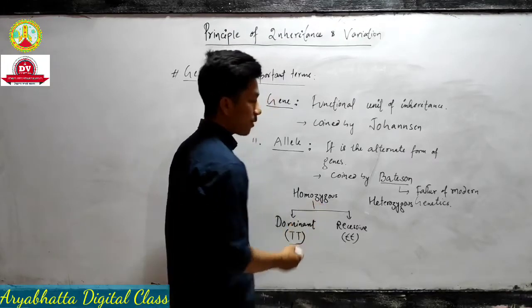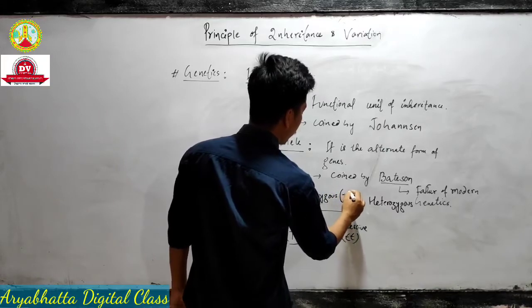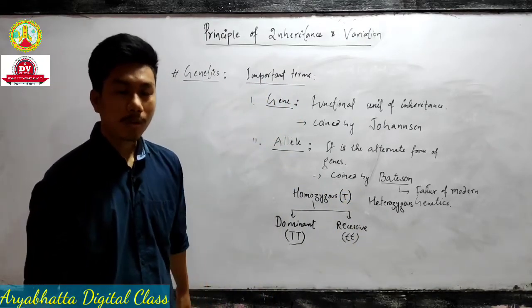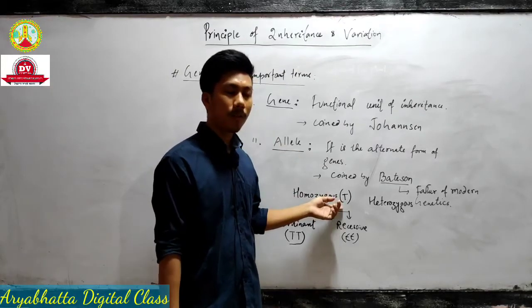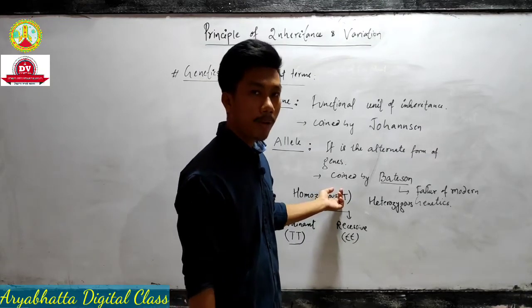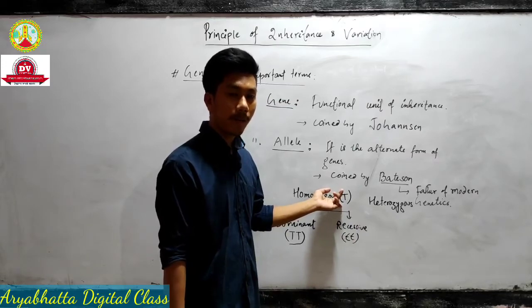So homozygous means alleles of the same character, represented for example as capital T, considering the tall plant. If it is flower color, which one is dominant? Purple is dominant and white is recessive.